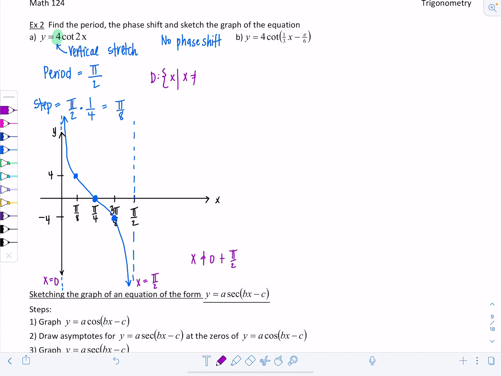It's pi over 2 k, right? But 0 plus anything is just itself, so you don't have to put the 0 plus. You could just write x doesn't equal pi over 2 k, where k is an integer. And then the range is also going to be all real numbers.